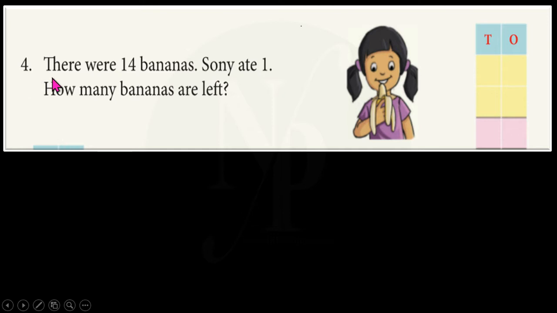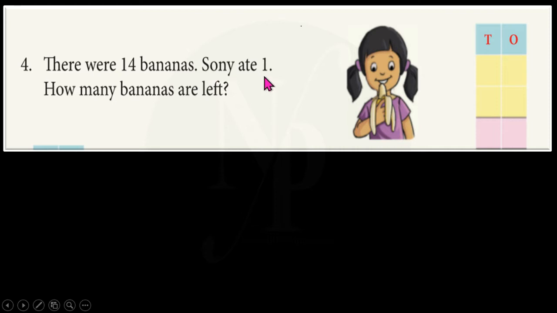Let us see this. There were 14 bananas. Sony ate one. How many bananas are left? So, there were 14 bananas in total, and Sony eats one banana, and we should find how many bananas are left.